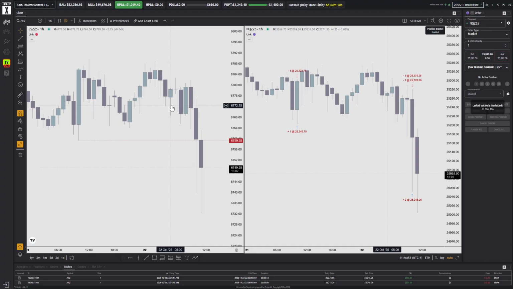My initial bias for the game plan, or for the analysis of Wednesday, is that I'm bullish, but for me to start to look for any long setups, I need to see price take out the swing low after midnight.